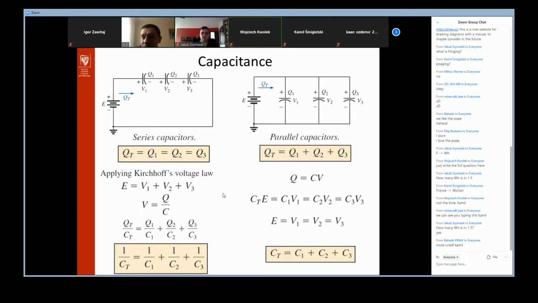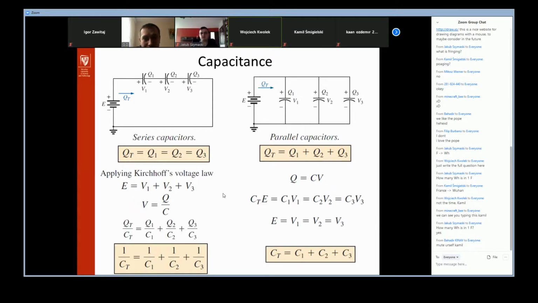How can we easily remember these equations? Very simple. You just have to remember the total resistance for parallel and series connections, and for capacitors it is the opposite of the resistances. Just that you have to remember.